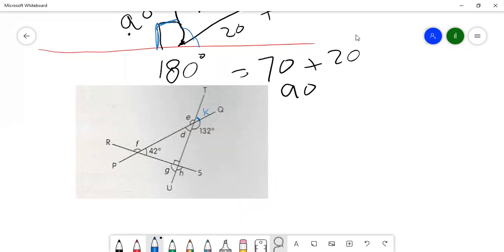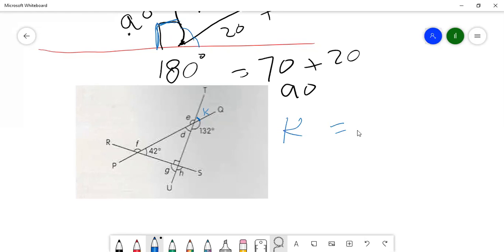Raise your hand if you know the answer. It's easy. What is the size of K? 70 degrees.